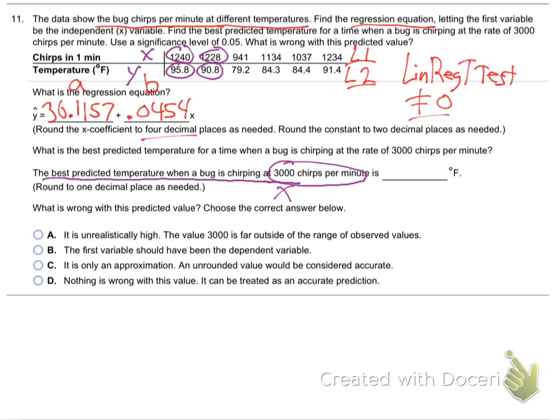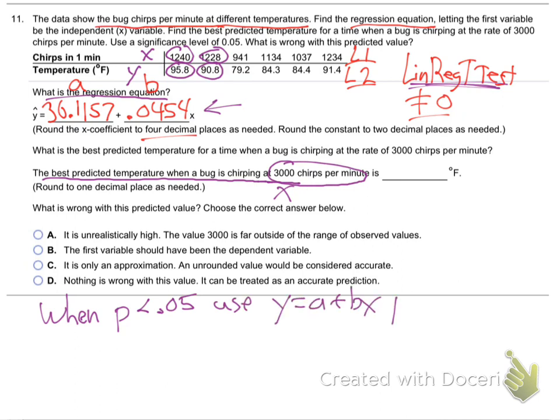Now, the question is, remember there's 2 options when you're doing the linear regression t-test, and you get a regression equation, a line equation like that one. Sometimes you use that equation, sometimes you don't. So when the p-value is less than 0.05, use y equals a plus bx, plugging in x.